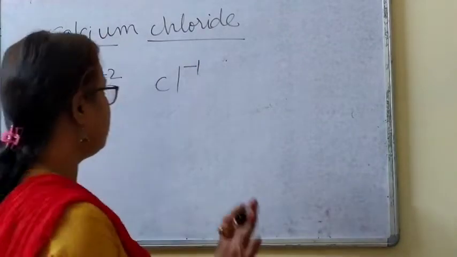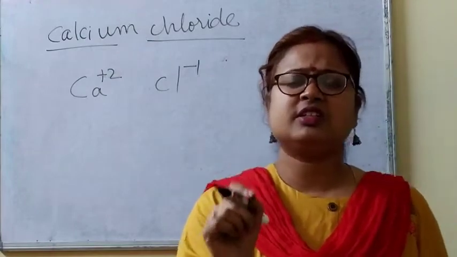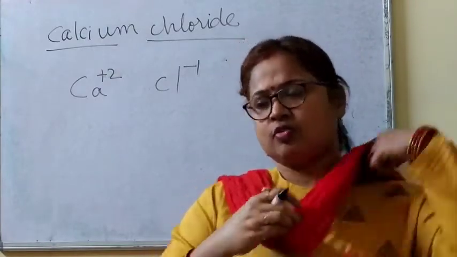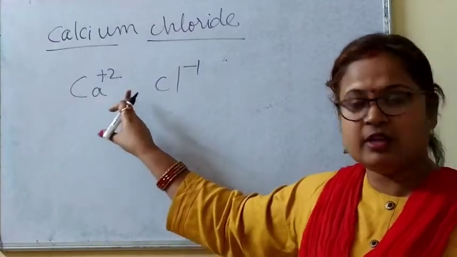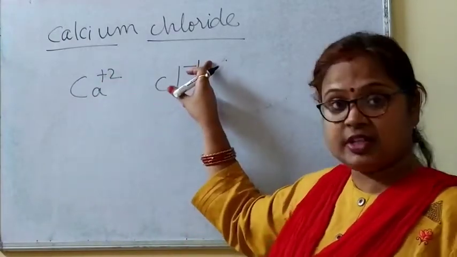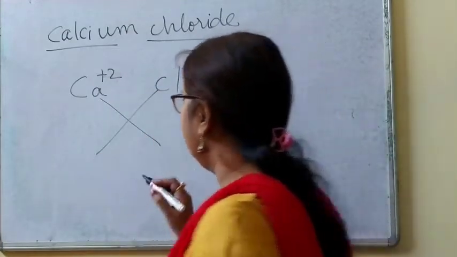Now the crisscross method. To write the formula, the crisscross method is the easiest way. So in the crisscross method, what do we do? First we write the name and symbol of the element. Then we write the valency as I have written here. And then we do the crisscross.